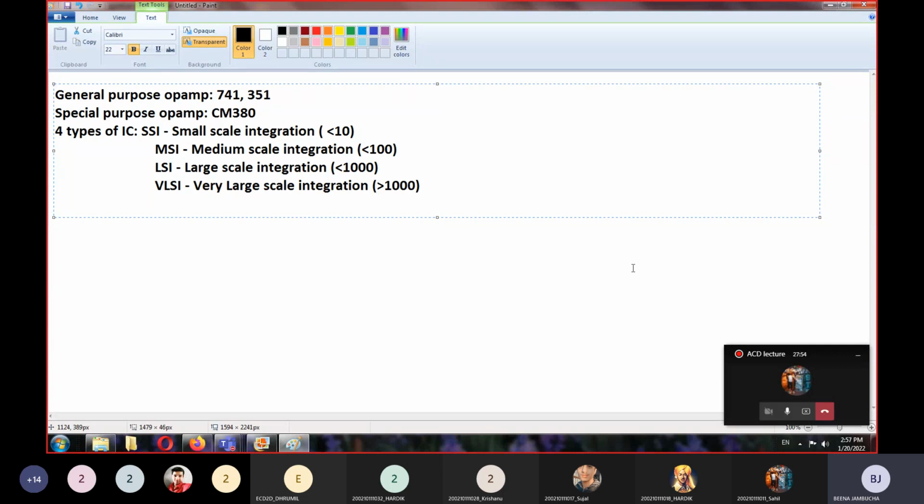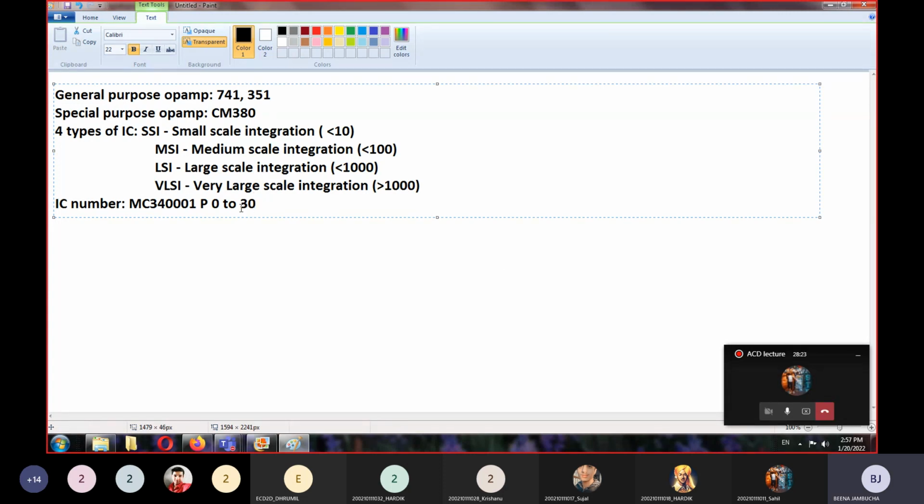For example, the IC number is MC34001, then comes P, and after that the temperature is written, let's say 0 to 30 degree. What does it mean?